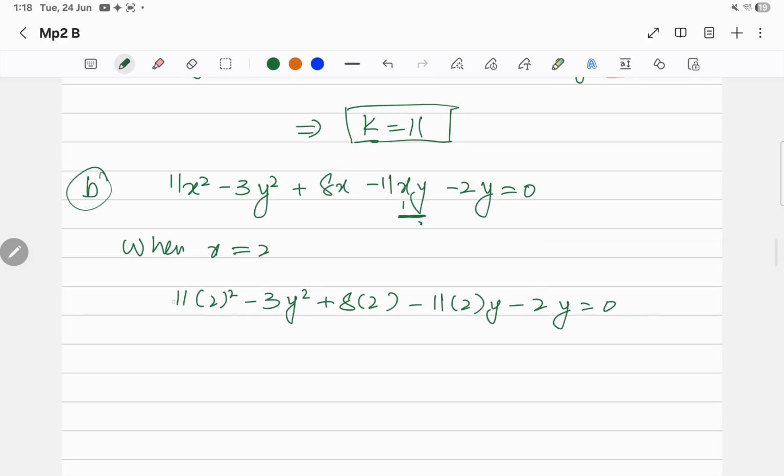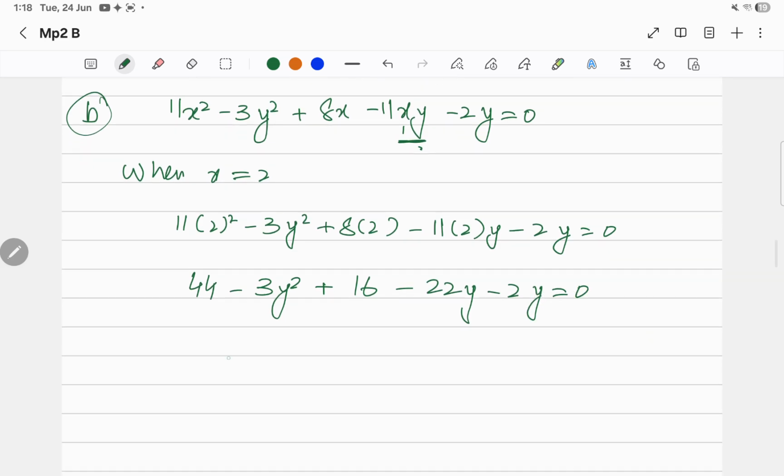So 2 squared is 4 and 4 times 11 is 44, minus 3y squared plus 8 times 2 is 16, minus 22y minus 2y equals 0. If you simplify this, it will be minus 3y squared, minus 22y minus 2y is minus 24y, and 44 plus 16 is 60, which equals 0.